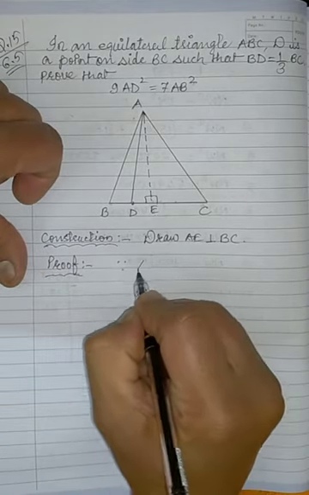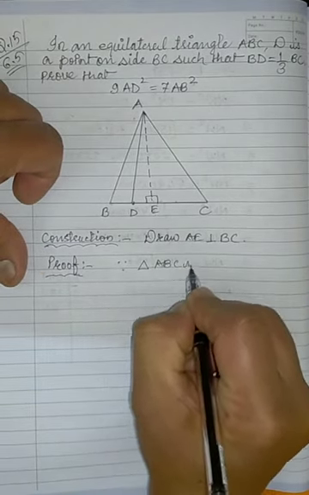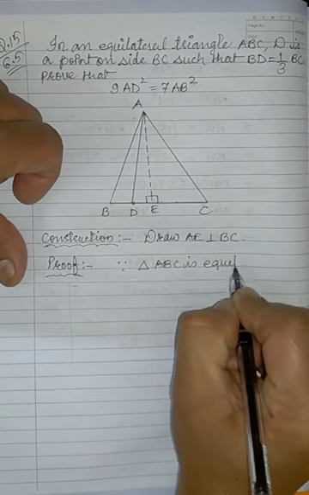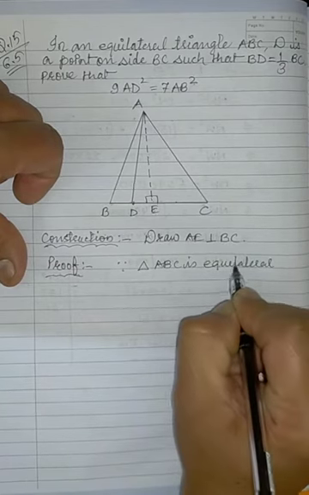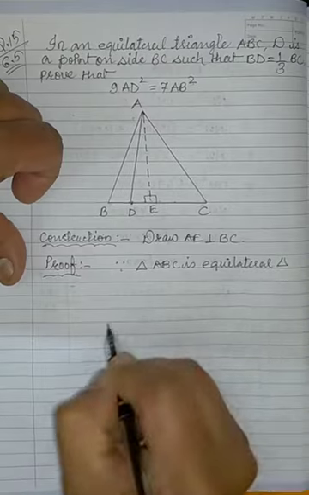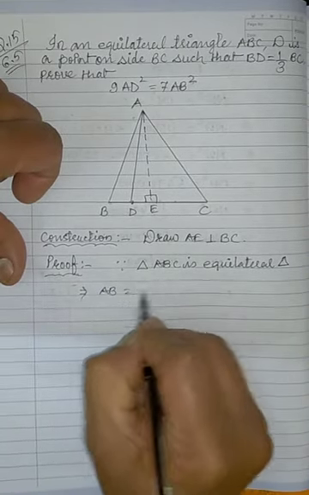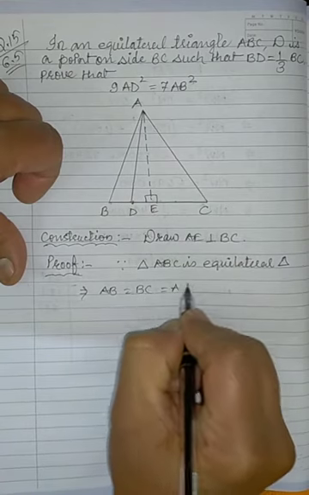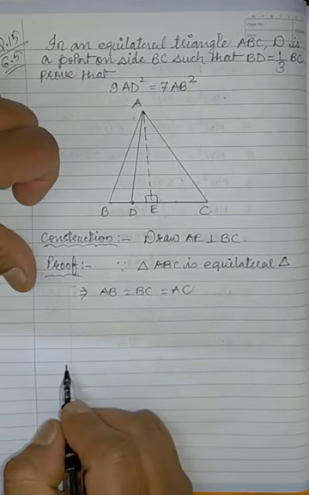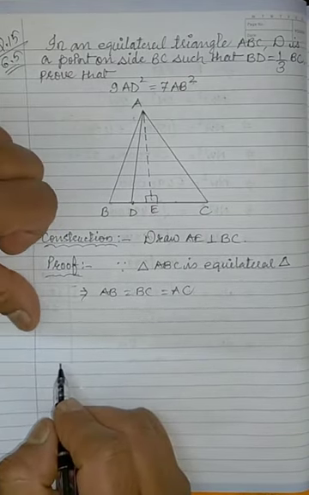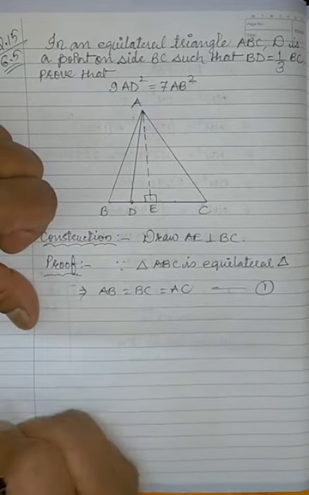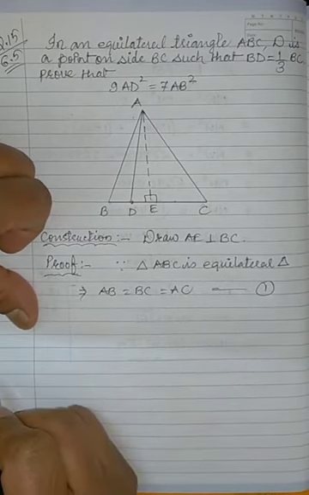Since triangle ABC is equilateral, that means all sides are equal. AB is equal to BC is equal to AC. Let this be equation number 1.